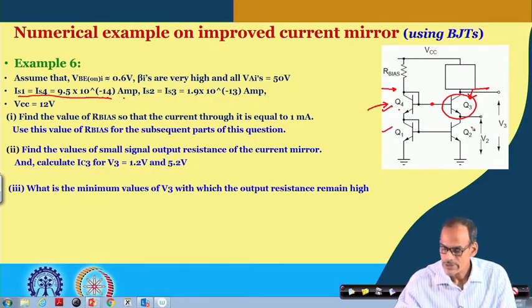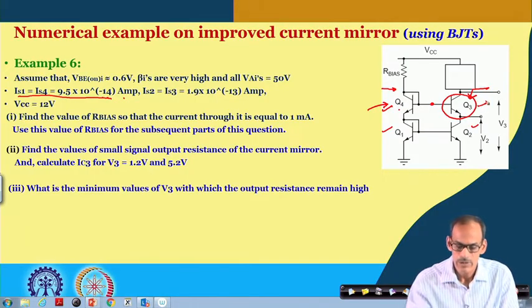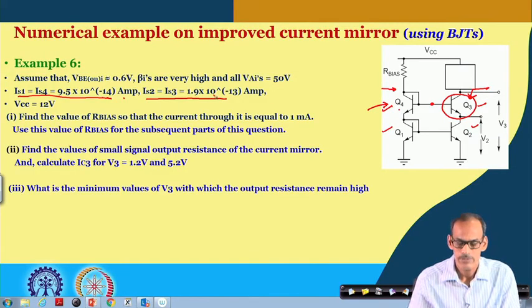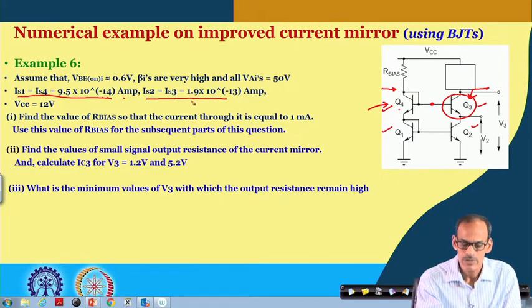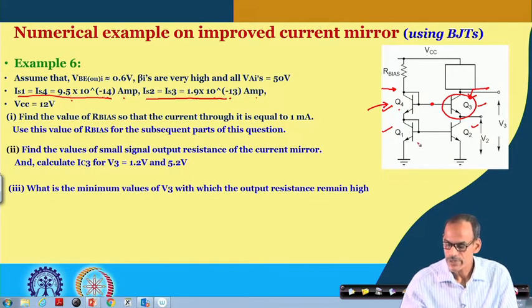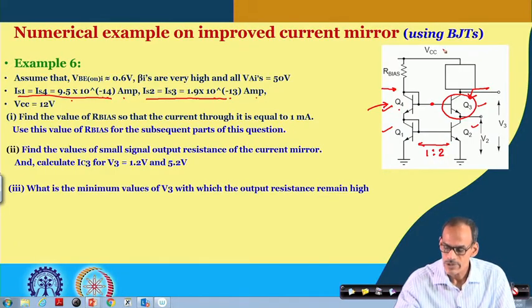On the other hand, transistor 2 and transistor 3 are identical, having reverse saturation current of 1.9 into 10 to the power minus 13 ampere, which is just 2 times of this current. So, we can see that the reverse saturation current ratio here is 1:2. Supply voltage is 12 volt.